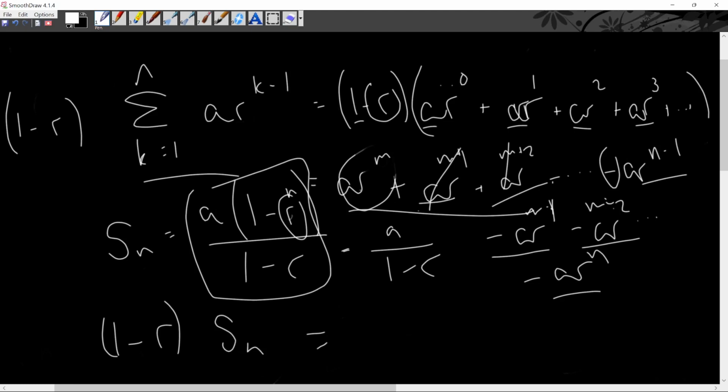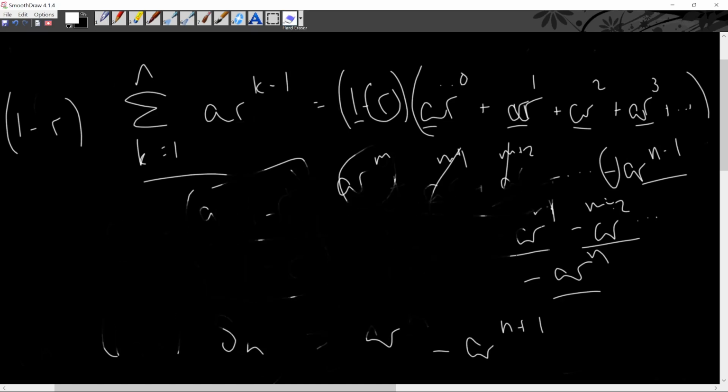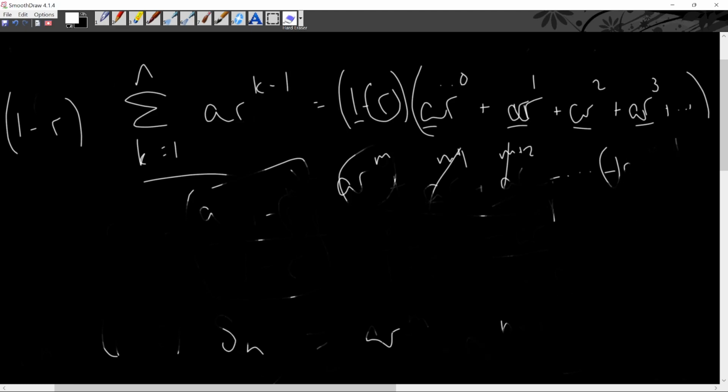We're still going to have a times r to the m minus ar to the n plus 1. And so when we plug all this in, I'm going to erase this because this is getting egregiously messy.